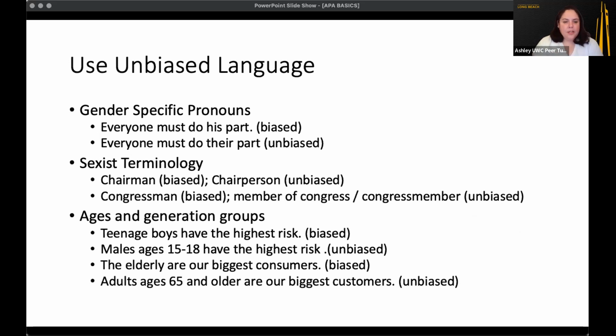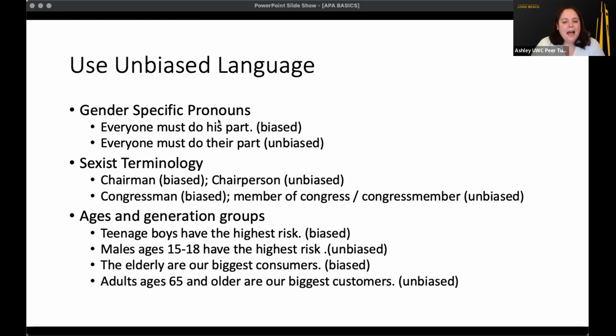So you want to use unbiased language. What is unbiased language? You want to eliminate gender-specific pronouns like she, her when you're writing. Everyone must do his part is biased because you're inferring a male group.